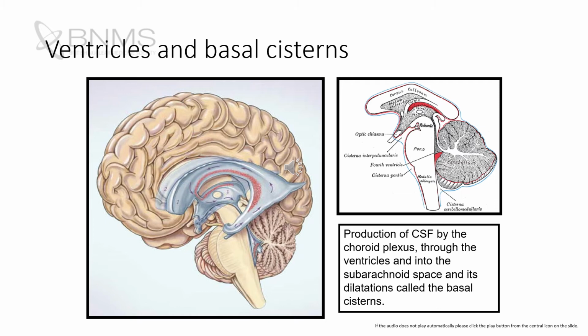The flow of CSF occurs from the temporal horn of the lateral ventricles via the trigone and occipital horn and inferior horn into the body of the lateral ventricles.